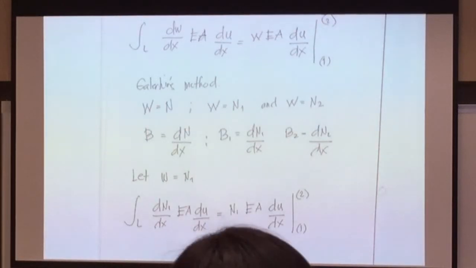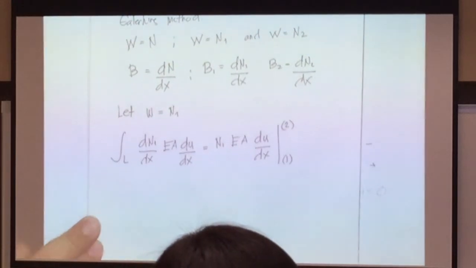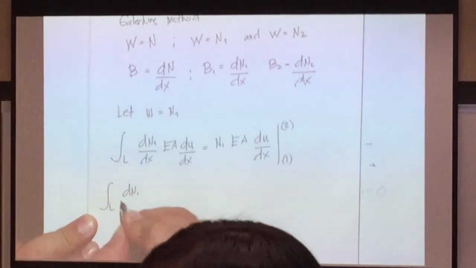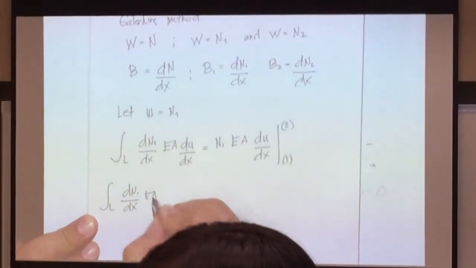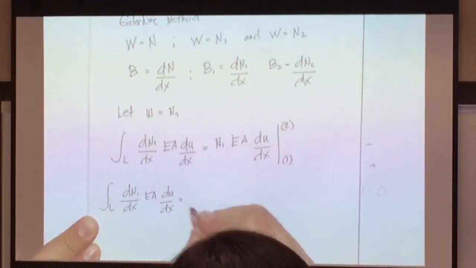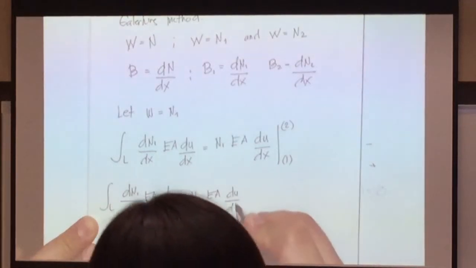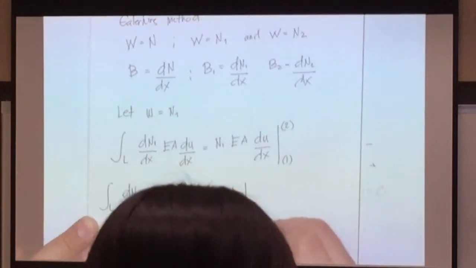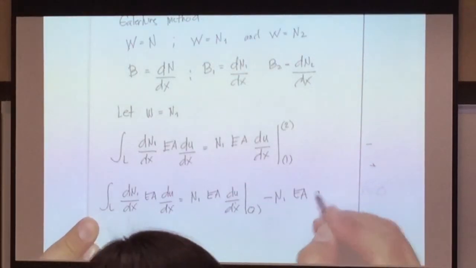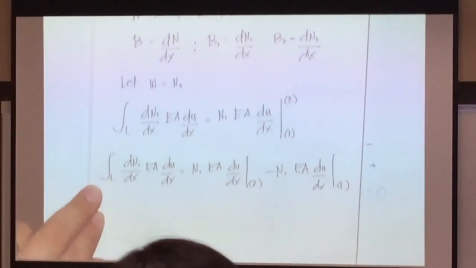Let's try to expand further. I'm just writing down this one here, dN1/dx EA du/dx. This now is N1 EA du/dx at node 2 minus N1 EA du/dx at node 1.